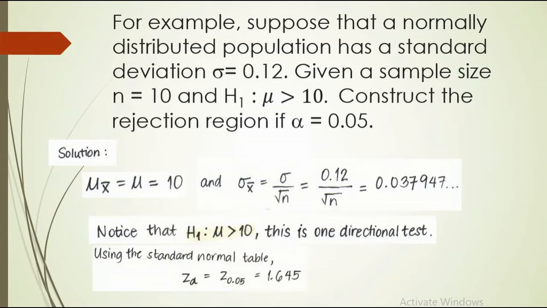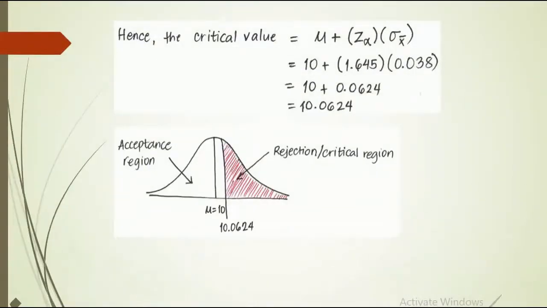Using the standard normal table, z alpha is equal to z 0.05, which is equal to 1.645. Hence, the critical value is equal to the population mean plus z alpha multiplied by the standard deviation of x bar.